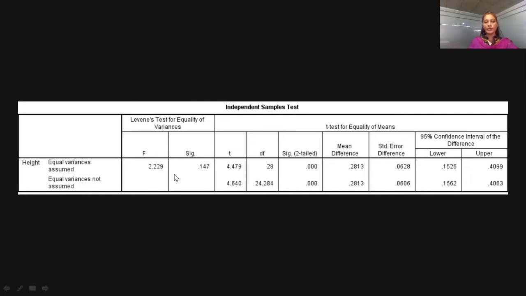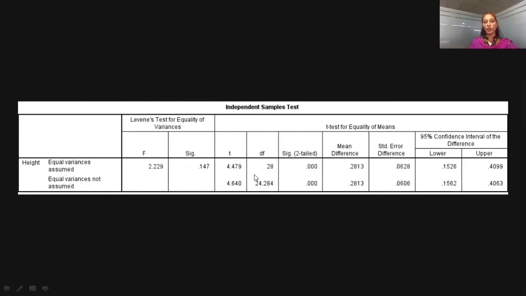When this condition exists, you have to go to this particular row and take the value of t. Here the t value is 4.479 with degrees of freedom 28 and the p value is 0.000, which is less than 0.05.